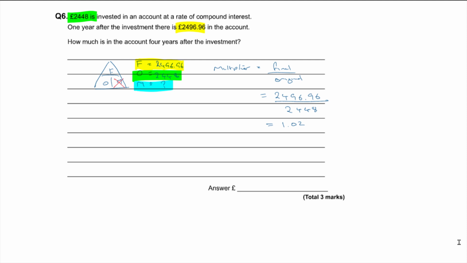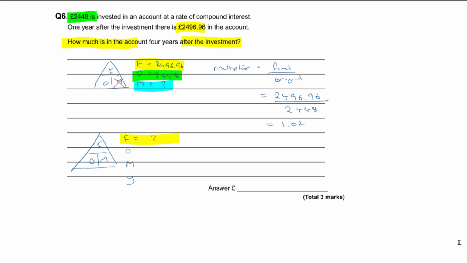So in the next part of the question, I've got final, original, multiplier, FOM, and this time Y as well. Now the final is the thing we want to find, isn't it? We want to know how much the account is worth after the investment. So that is the final we're looking for now.